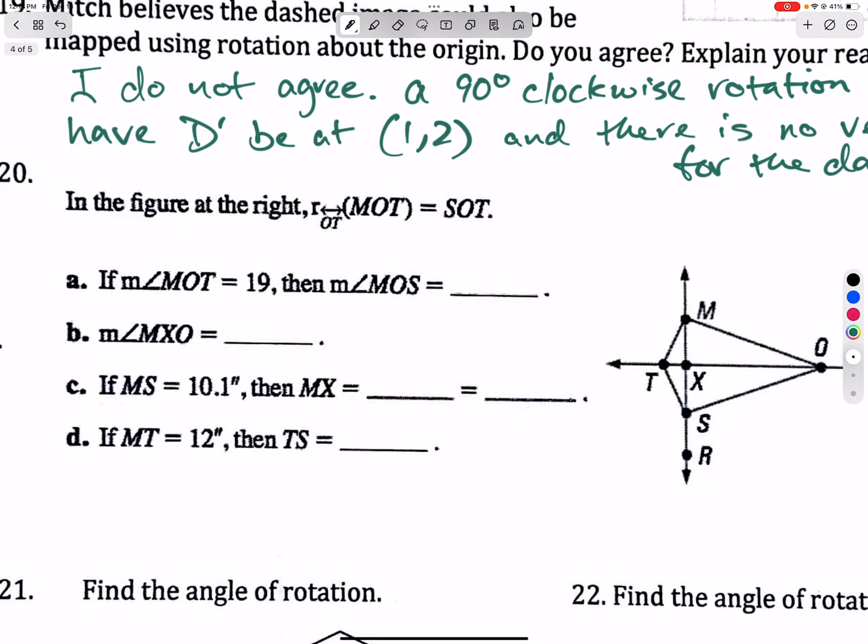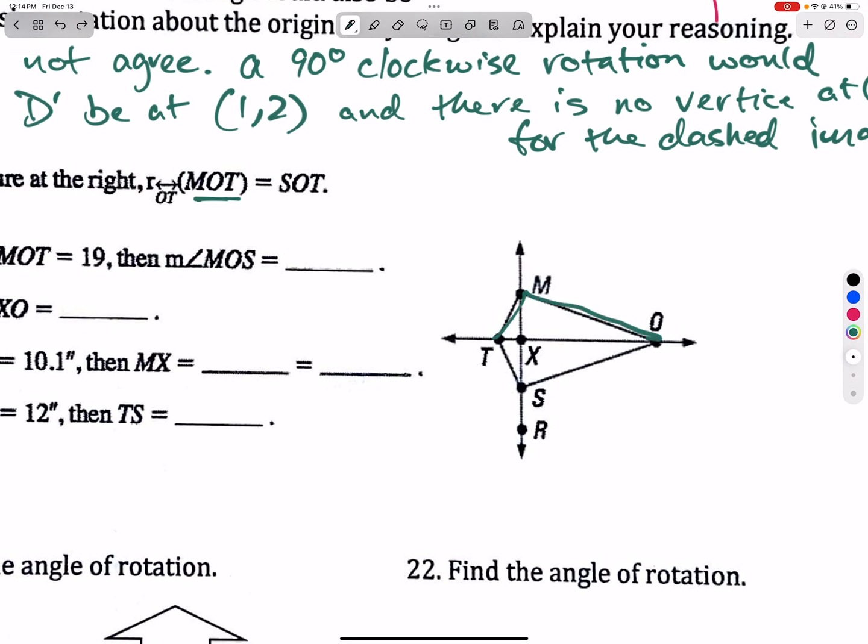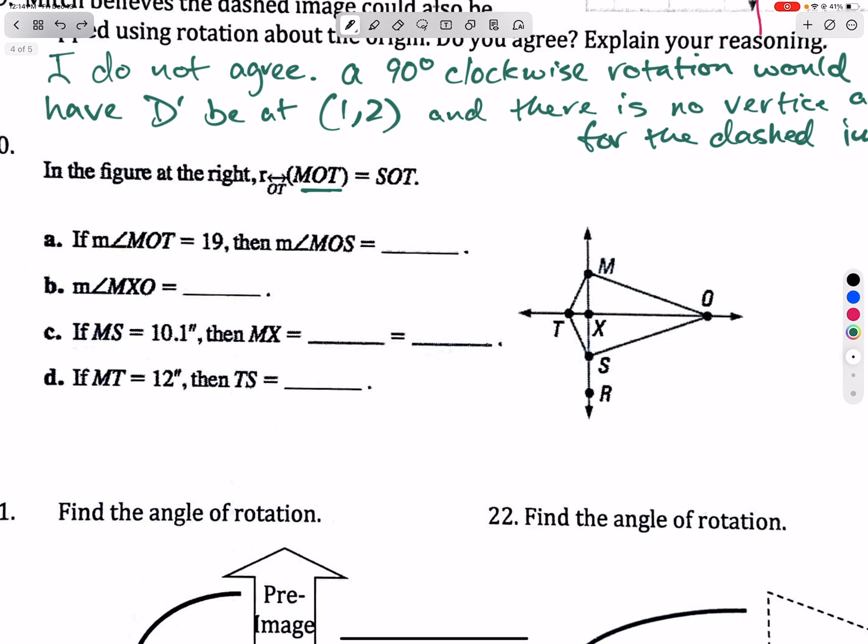All right, okay. What this means is figure MOT is reflected over OT. So that means that this triangle, MOT, is reflected over this line to make the other one. What they're saying is if the measure of angle MOT is 19 degrees, so that's this piece, what is MOS?